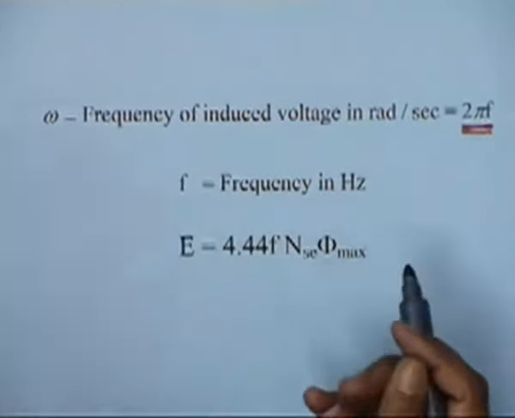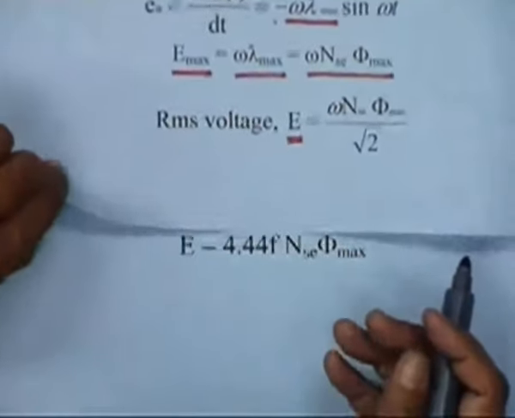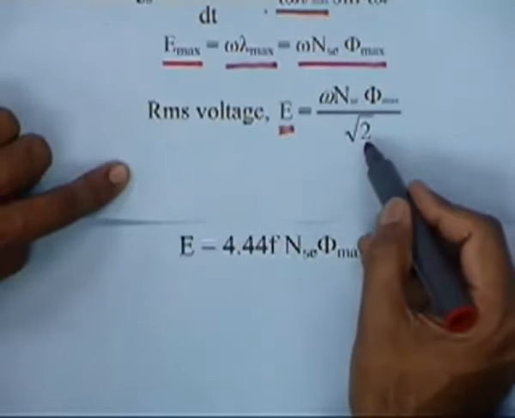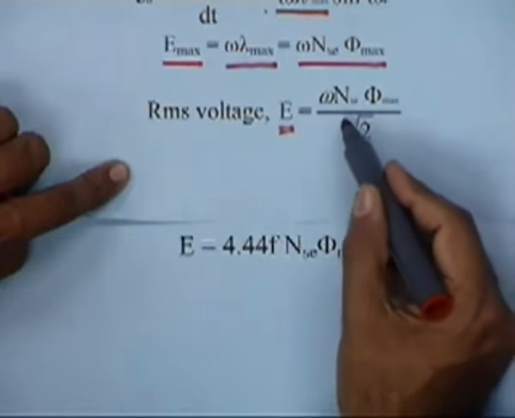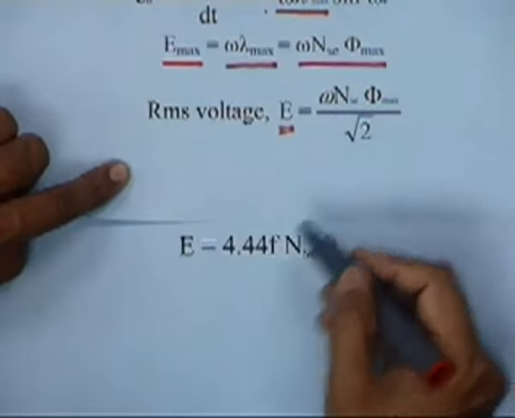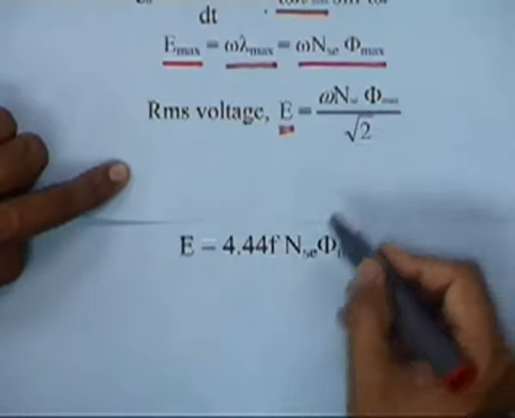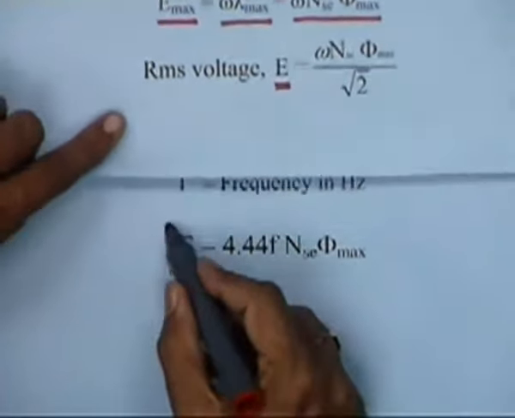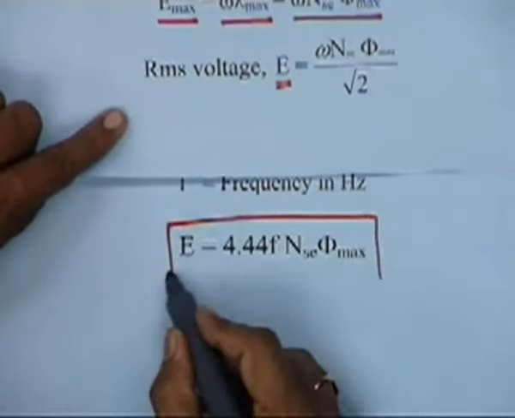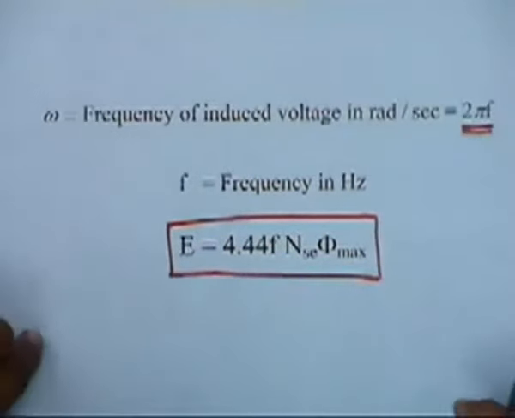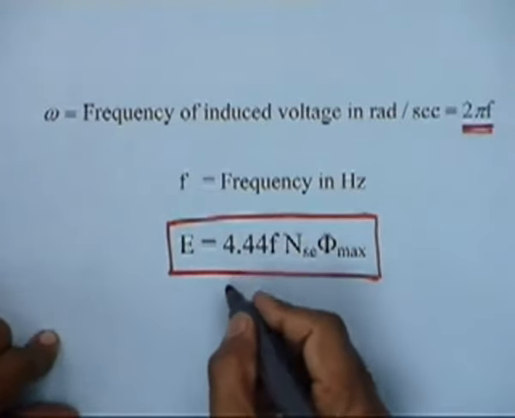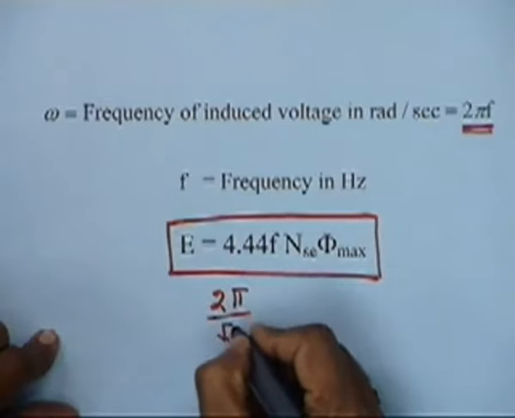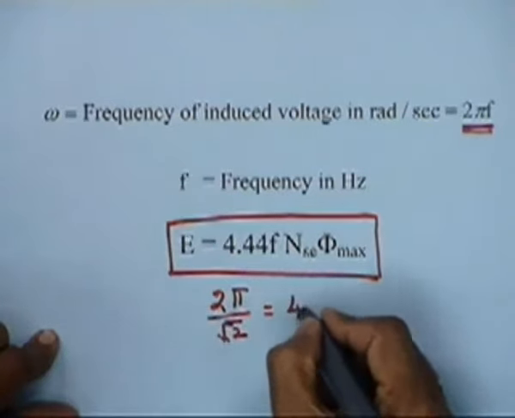So we get an important expression: E is equal to omega by root 2, which is 2 pi f by root 2, and 2 pi by root 2 is 4.44, into f into NSE into phi max. So this is an important expression for a generated voltage, where 2 pi by root 2 is 4.44.